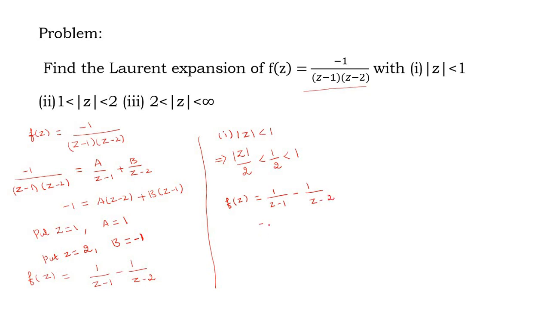So the first one we take minus outside, so therefore minus 1 into (1 minus z) whole power minus 1.